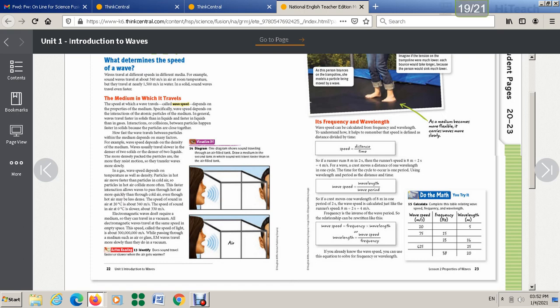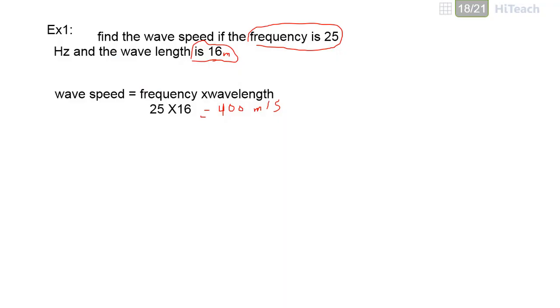Sorry for this, but it should be 400 meter per second. Don't forget, we have to write the formula. It takes 1 point to write the formula, another point for the numbers, and another point for the final answer with the unit. Okay, I'll give you another example.